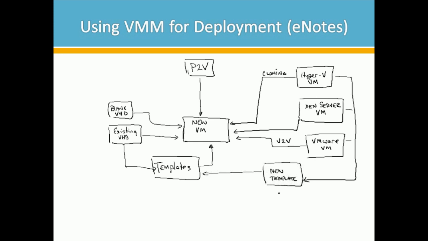All of these are methods that we can go through. Hopefully you got out of this that we're talking about sources of where we could be creating that virtual machine. And so that's why we're going to talk about some of the considerations for doing the physical to virtual, and some of the options and considerations for the virtual to virtual.